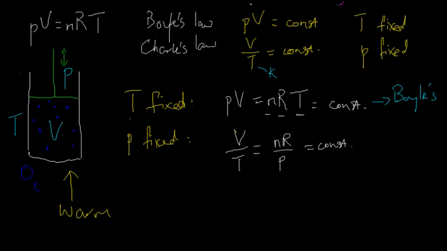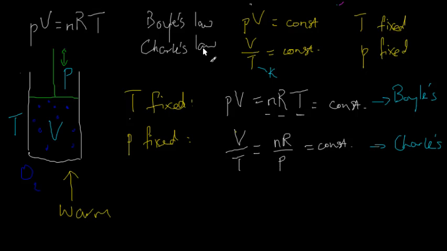Okay. So this means that when we fix P, the ideal gas law leads to Charles' law. So this shows the relation between Charles' law and the ideal gas. So the ideal gas law is consistent with both of these laws.